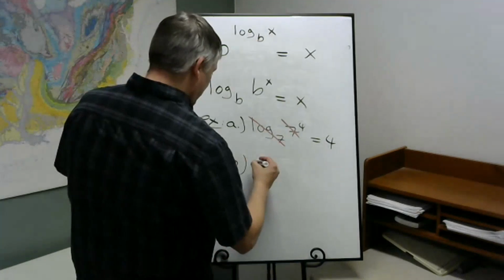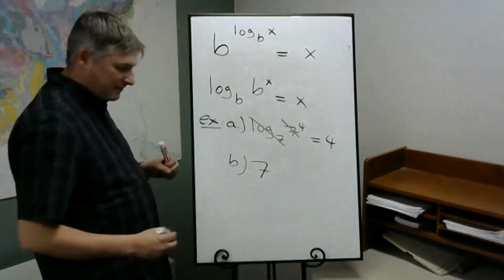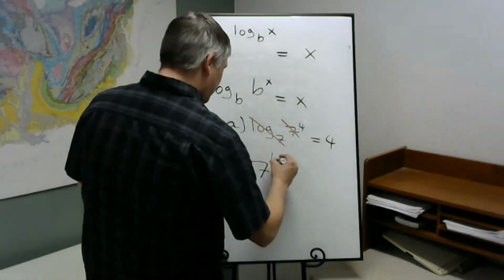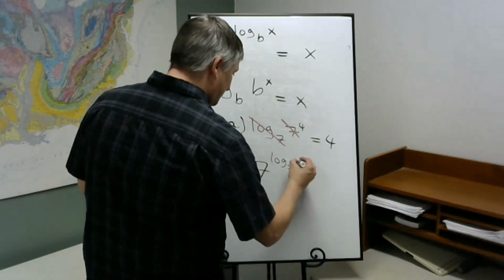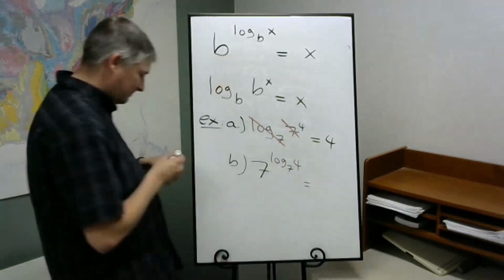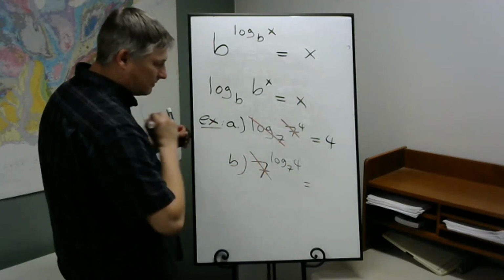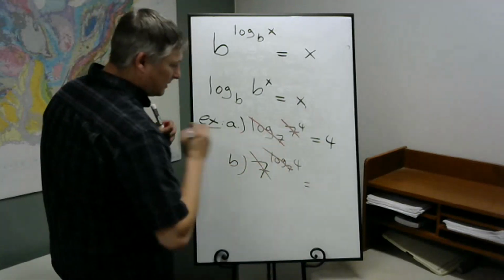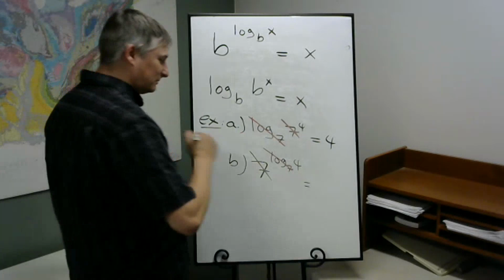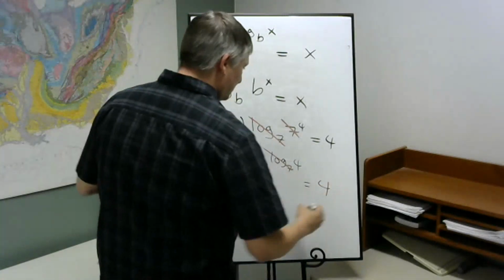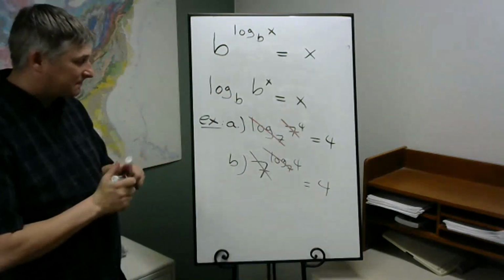Or if we have 7 with the power of a logarithm that has the same base, the base of the exponent and the log will cancel, and we just get 4.